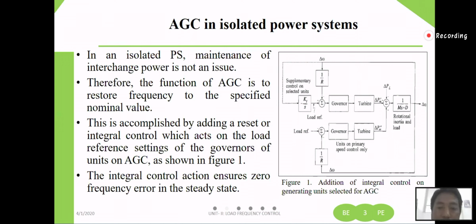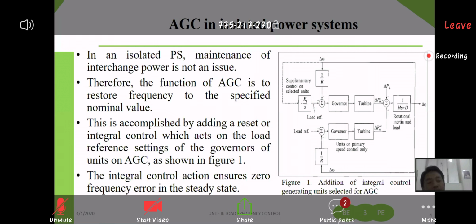So the interchange of power is not an issue, which means under the primary objective, maintenance of interchange of power is not required in an isolated system if we employ AGC.